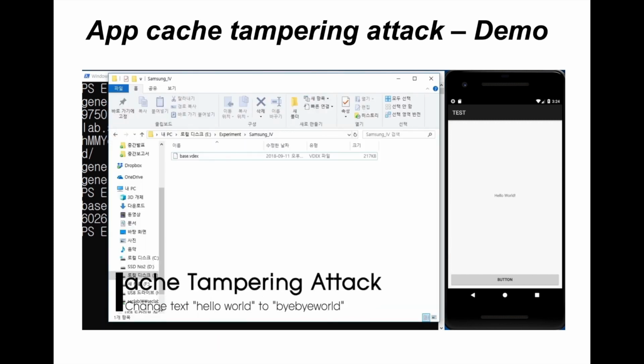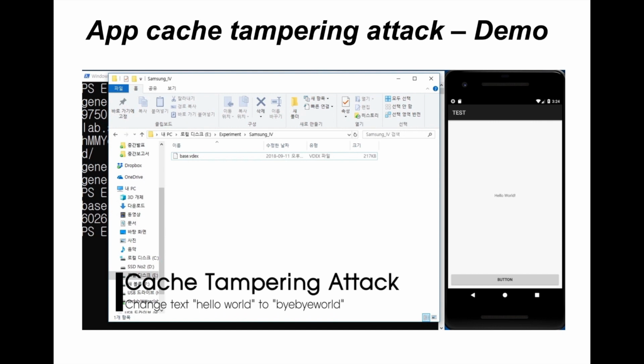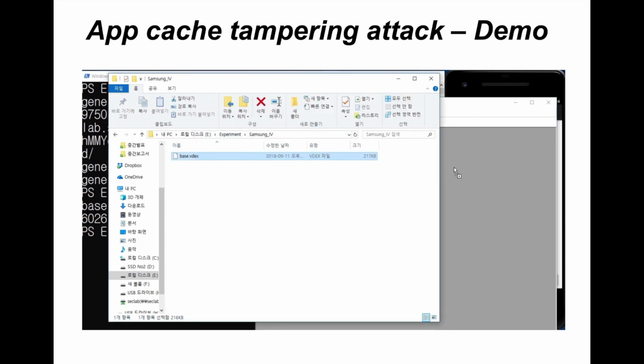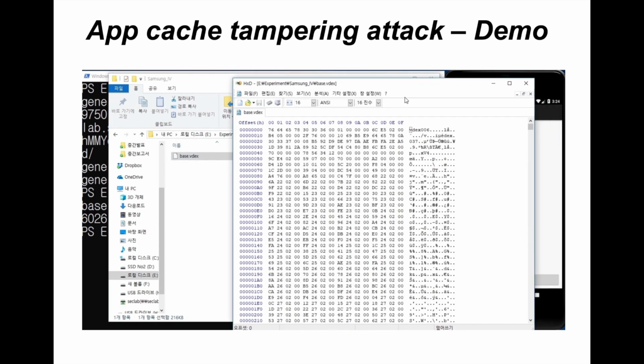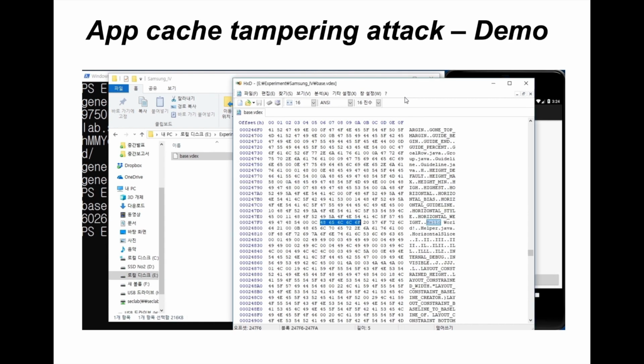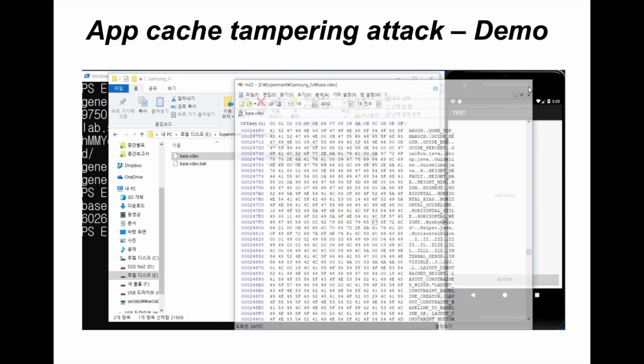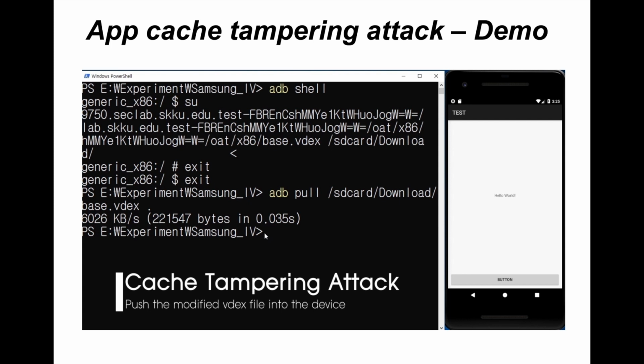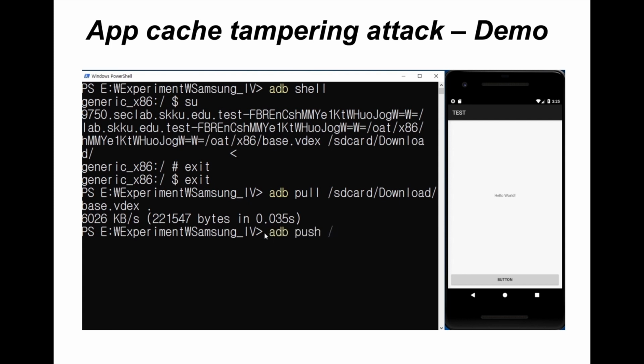We open the app cache file using a hex editor, find the text "Hello World" and change it into "Bye Bye World." And we save the modified app cache file, then push the modified file into the device using the ADB tool.